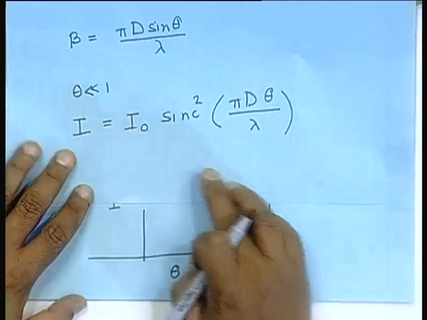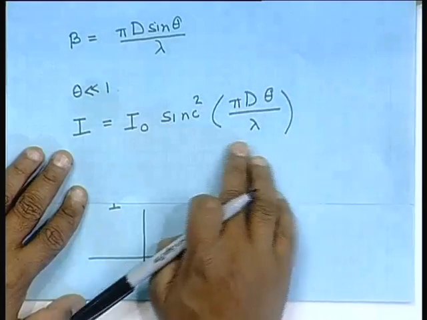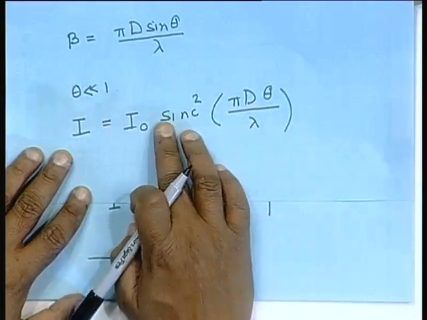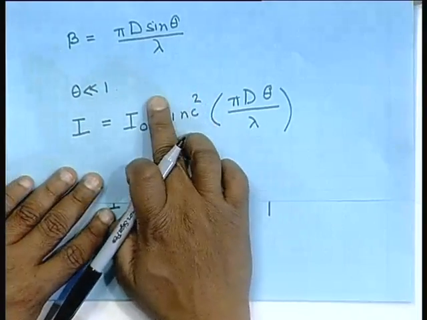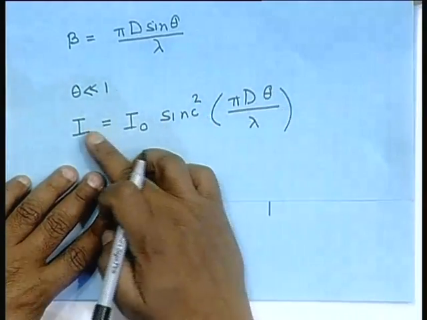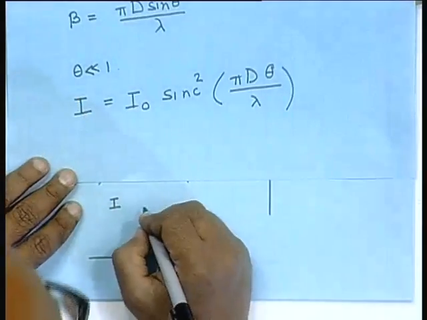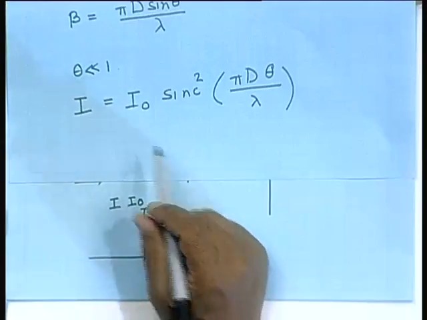I will consider the situation where theta is small. For small theta, you see that the intensity pattern is the square of a sinc function. Sin x by x at x equal to 0, we know, has a value 1. So, at theta equal to 0, the intensity is going to be I naught. Remember what I naught is.